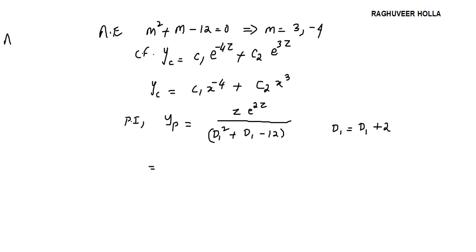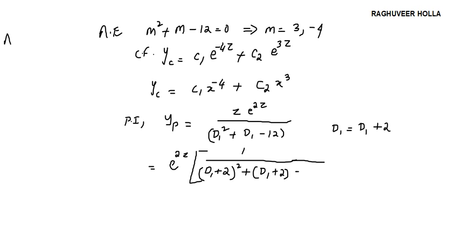Let us substitute that, and we are keeping e to the power of 2z outside, so you get 1 divided by d1 plus 2 whole square, plus d1 plus 2, minus 12, right, and multiplied, don't forget z.